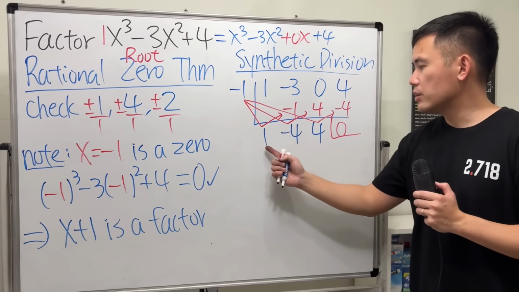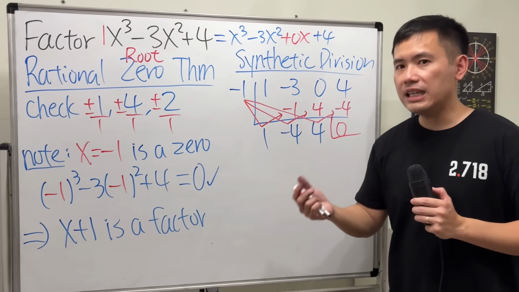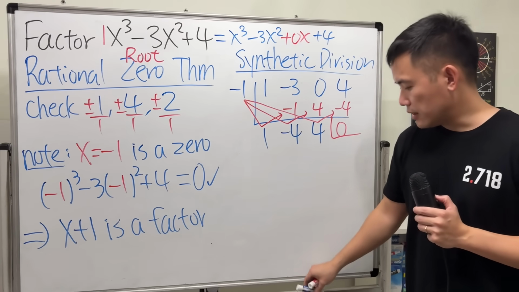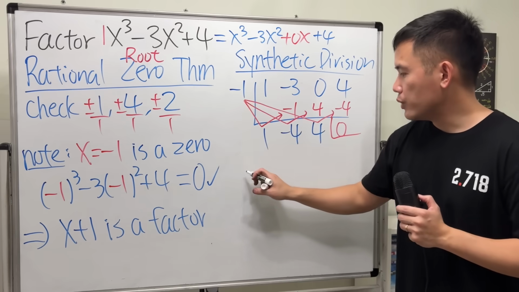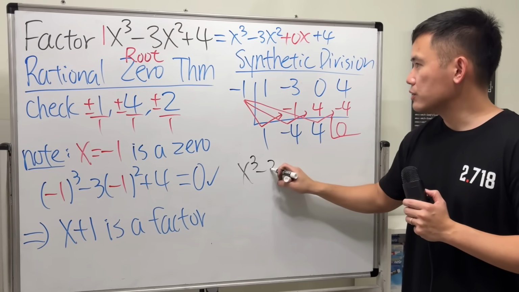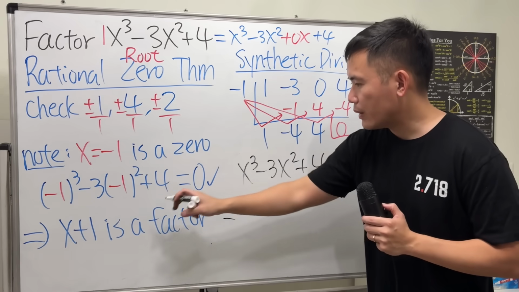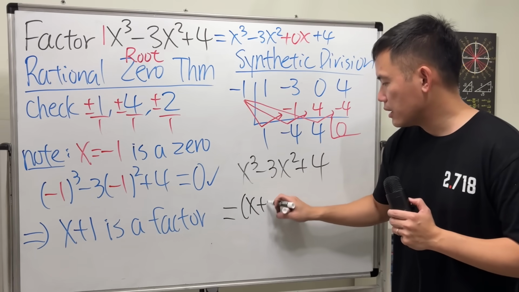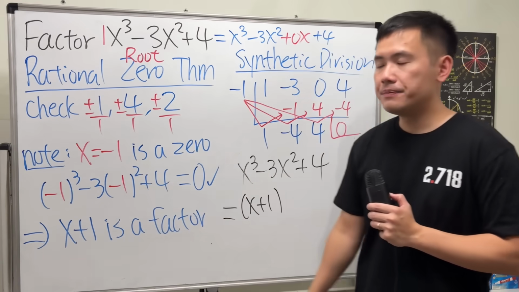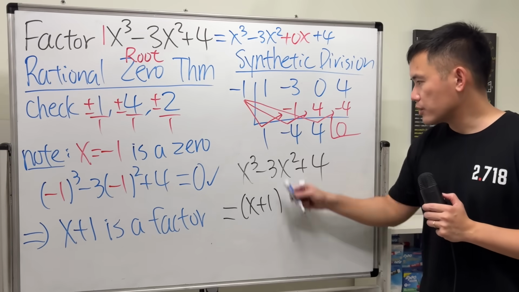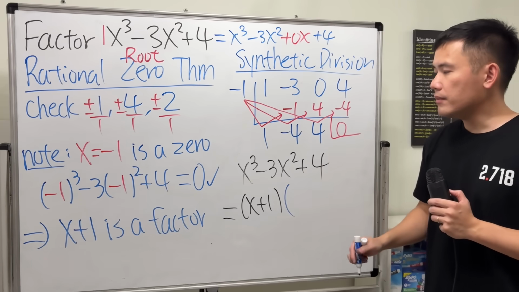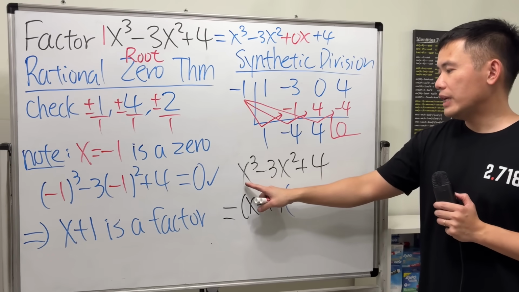This right here is going to give you the coefficients of the second factor. So here's the deal. We start off with x cubed minus 3x squared plus 4. We first know that x plus 1 is a factor. The second factor is going to come from here. Notice originally we have x cubed.